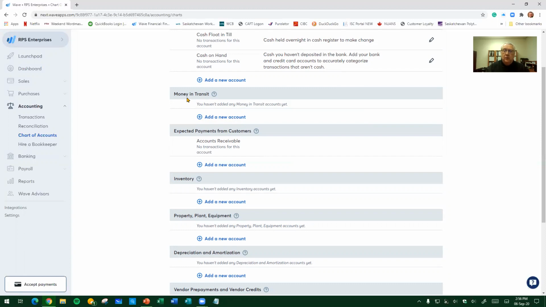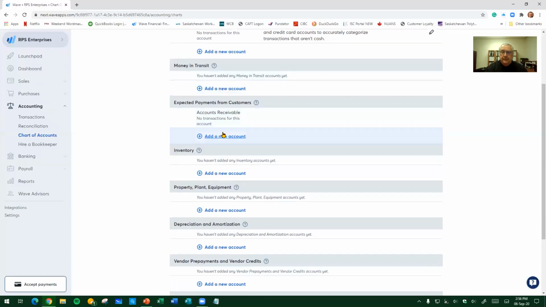You've received the order. They've paid for it by credit card to Shopify. You've decided to ship the product, but the actual arrival of the money from Shopify to you takes 2 or 3 days. And so that would make sense for you to have a money in transit account in that circumstance.